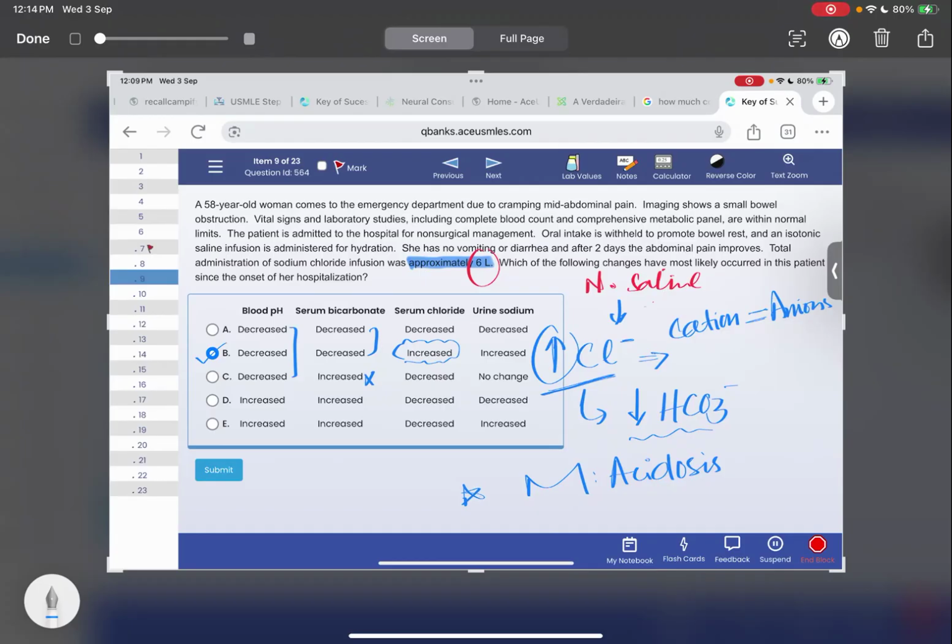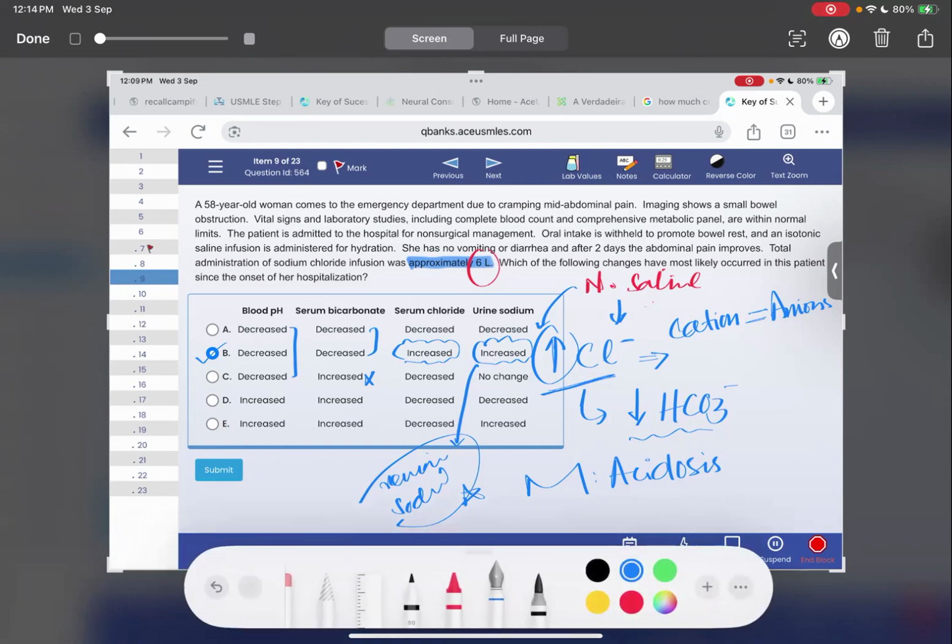What about sodium? We are putting more sodium in normal saline, so sodium is increased, and the kidney is trying to remove the extra sodium. So you got your answer.